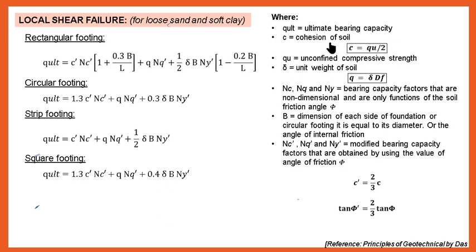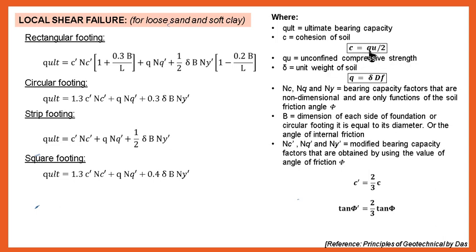Okay? So, yung c naman is the cohesion of soil. So, yung c natin is equal to qu over 2. So, yung qu natin dito, hindi yan yung q ultimate. Iba yung q sub ult, iba yung q sub u, kasi yung q sub u natin is our unconfined compressive strength.